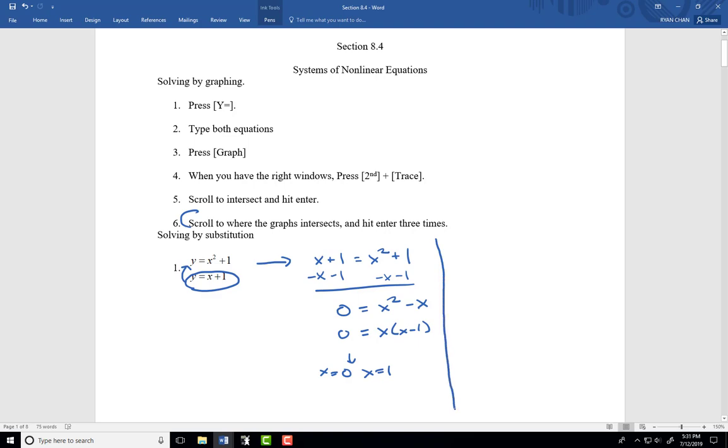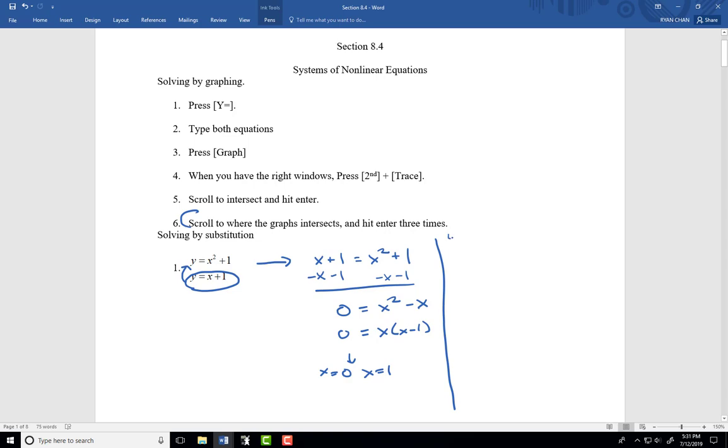Okay, so let's talk about this right here. The thing we need to be a little bit careful about is we need to talk about each situation. What happens if I plug in 0? What happens if I plug in 1? We can plug it into either equation. For example, I could plug in this second one, but I want to talk about each scenario first.